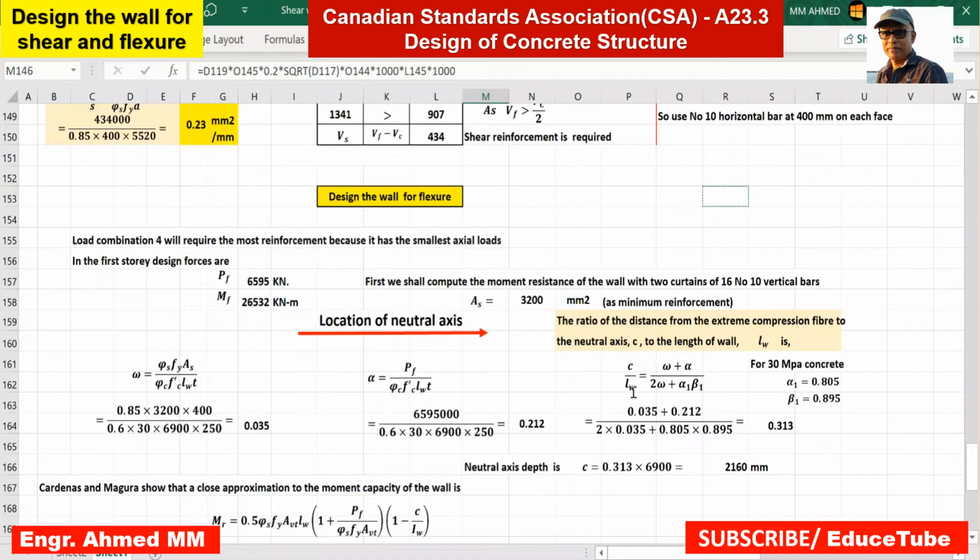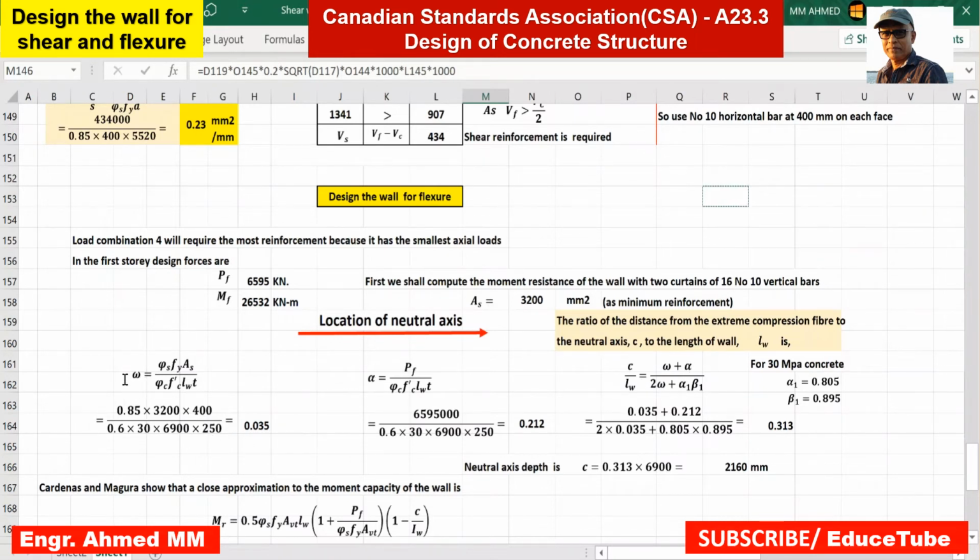It is equal to, this is the equation, but the question is these parameters we need to know: omega, alpha, alpha 1, beta 1. Alpha 1, beta 1 are already here, 0.805, 0.895. What about omega and alpha? Omega and alpha, we can use these two equations.